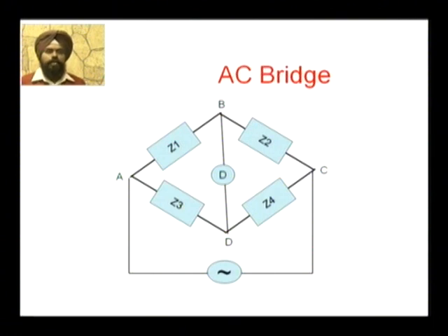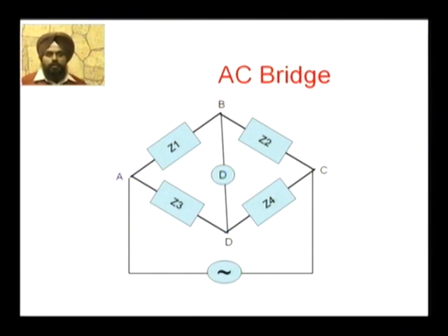It can be any combination. The impedance can be an inductive impedance, capacitive impedance, or a pure resistive impedance. So we have 4 branches, namely AB, BC, AD and CD, and we have a detector between B and D, and we have an AC source between A and C.